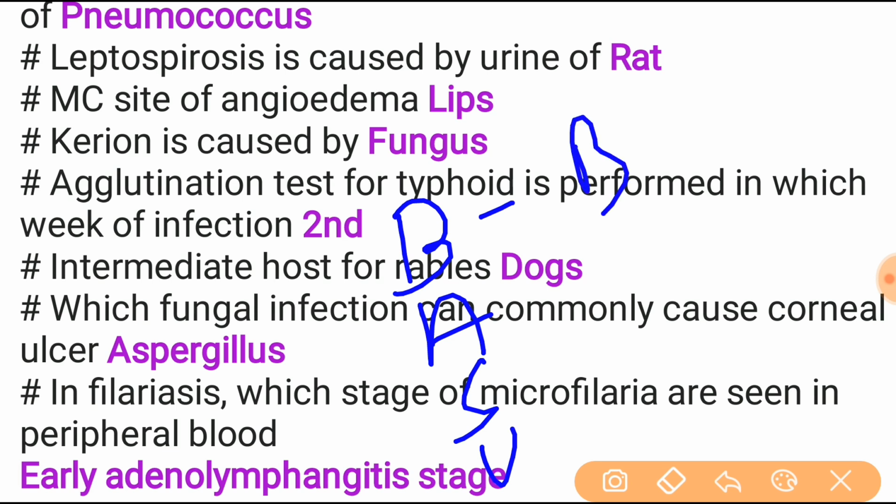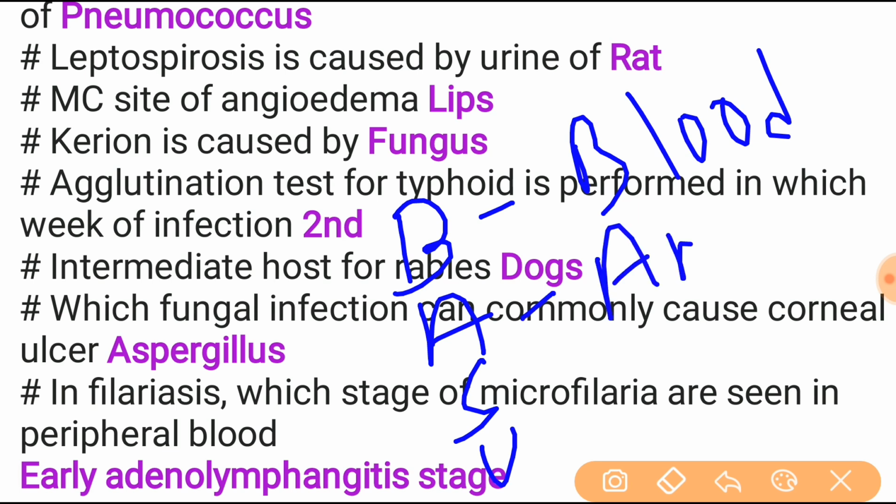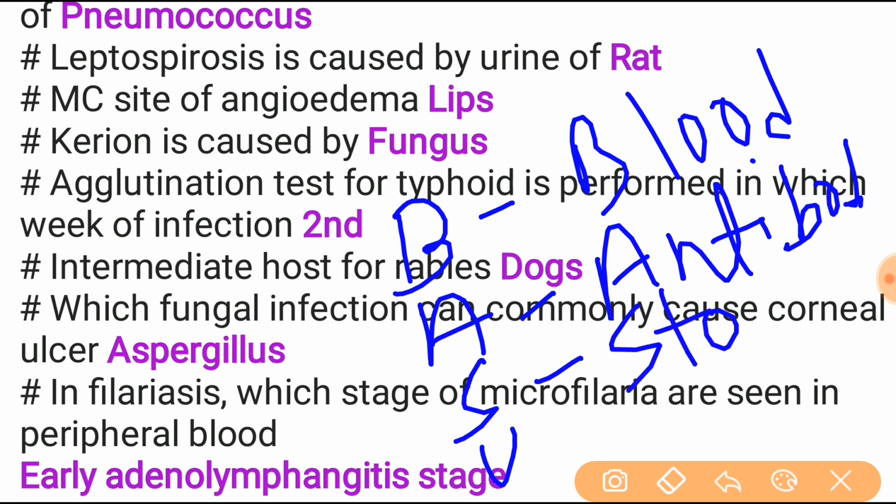B for blood, first week; A for antibody test, second week; S for stool, third week and later; and U for urine.